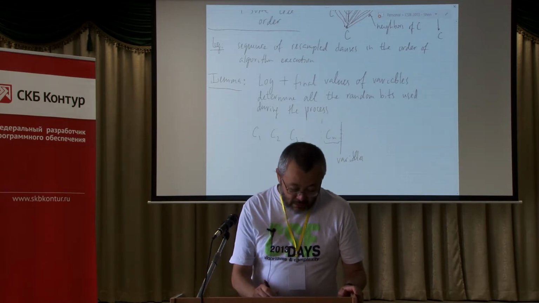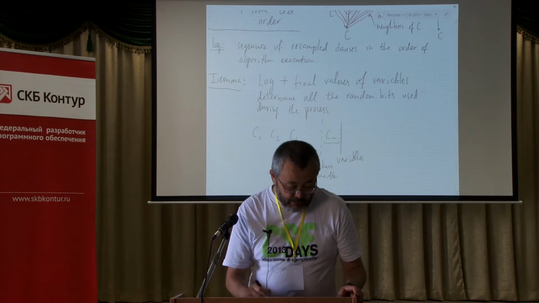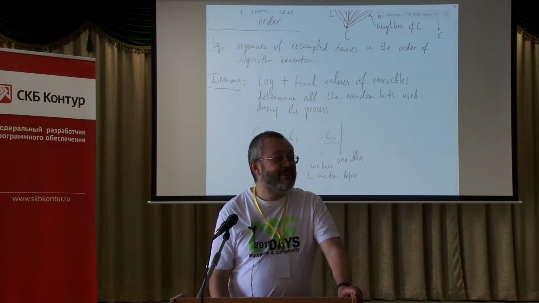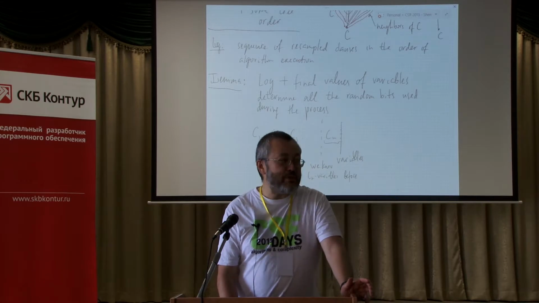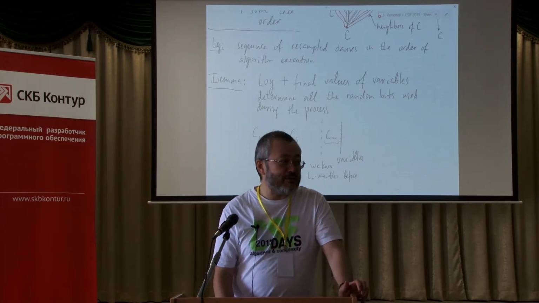But also, we know Cn variables before the step. Why? Because there is only one reason to make a resample. A resample is made when the clause is false.